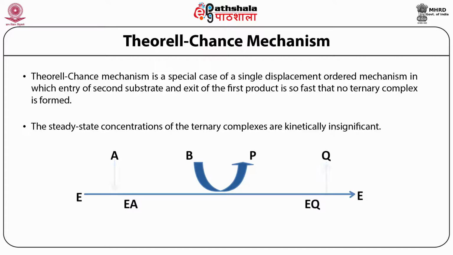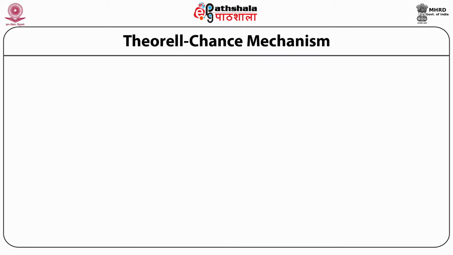So, we do not have any ternary complexes here. Ternary complex means EAB complex, EPQ complex. After release of the first product, we are left with the EQ complex, which releases its second product and free enzyme is regained. Let's discuss examples of Theorell-Chance displacement.